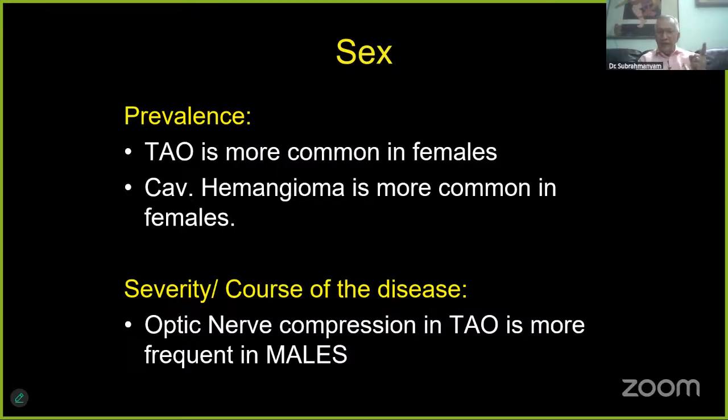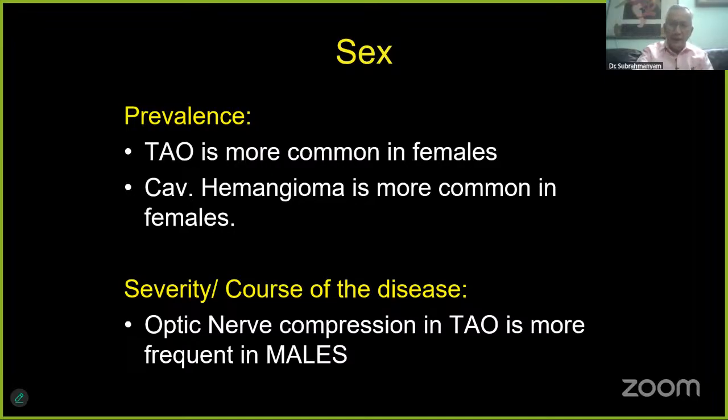Similarly, here we have to talk about the age. Elderly age is also very important to know because in TAO, thyroid-associated orbitopathy, elderly patients, both males and females, are at a risk of developing compressive optic neuropathy.